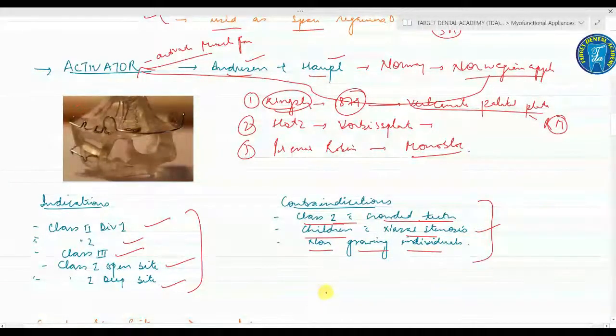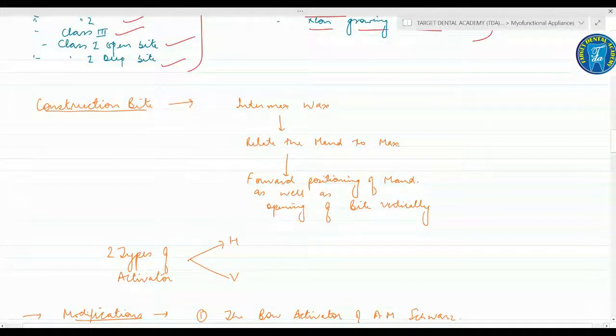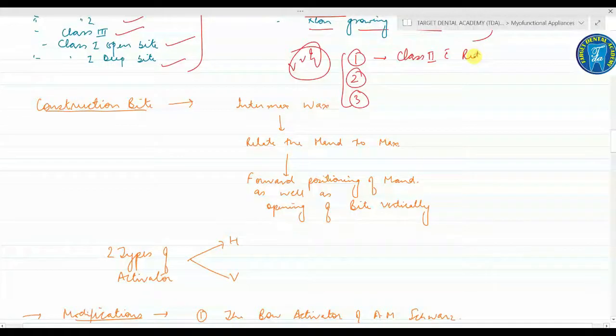These are the contraindications. So next is the construction bite, but before discussing the construction bite, please note the 3 important points regarding myofunctional appliances, which are very important for your MCQ. First, myofunctional appliances are given in class 2 with the retruded or retrognathic mandible.